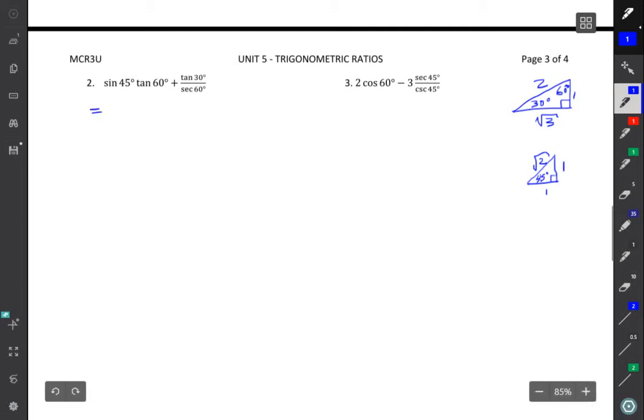The sine of 45 is the opposite over the hypotenuse. That's 1 over root 2. The tan of 60 is the opposite over the adjacent. So that's root 3 over 1, which is just root 3.